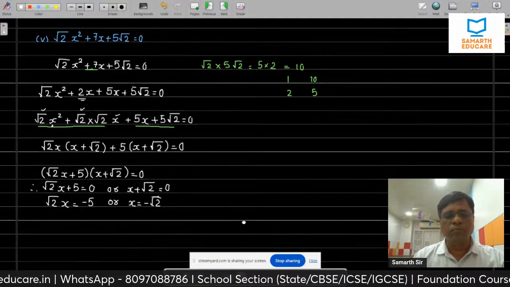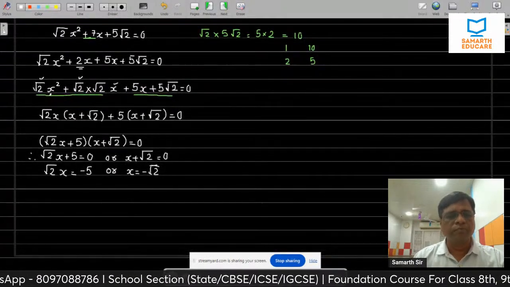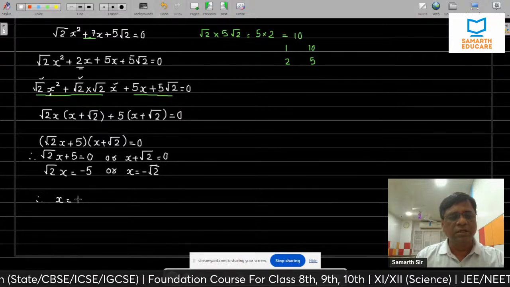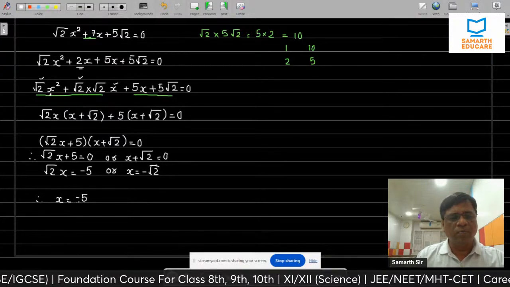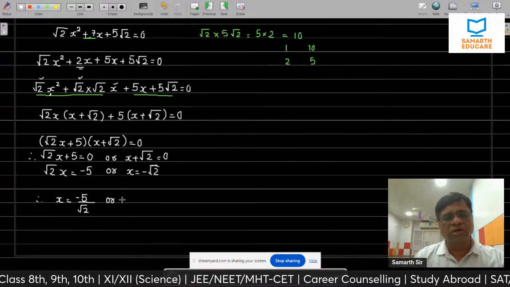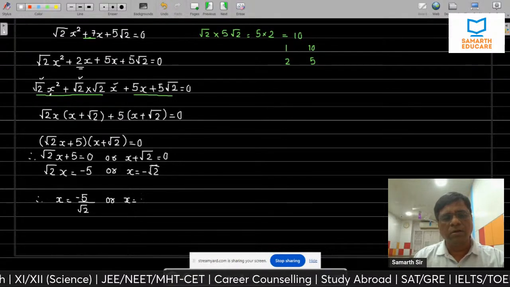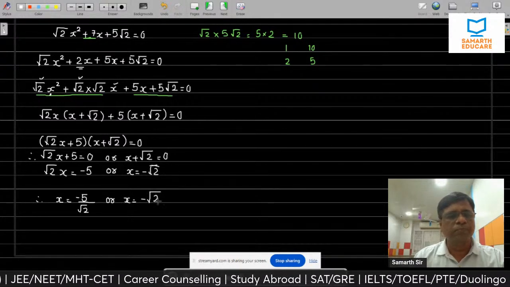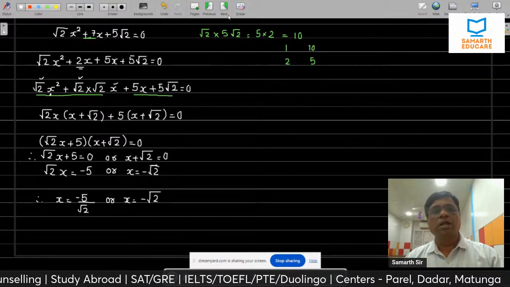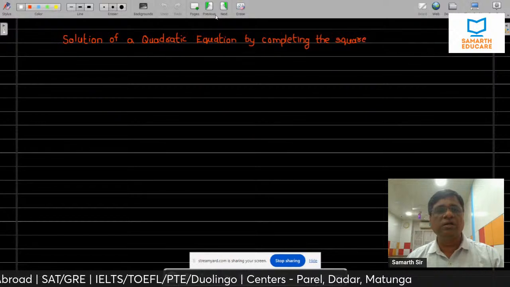Which means the value of x is minus 5 upon root 2, and the value of x is minus root 2. Right?